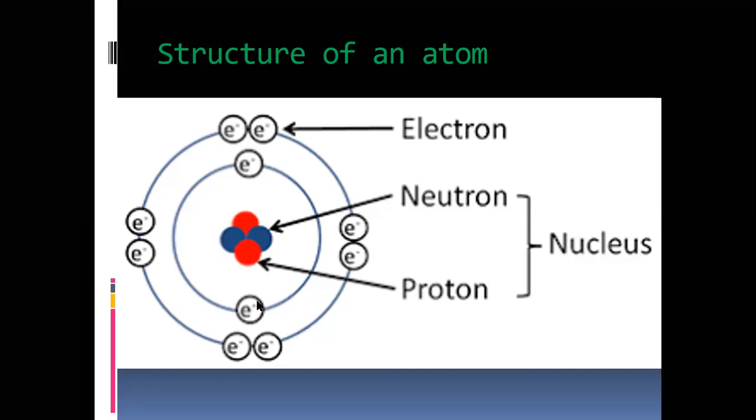Then other electrons go outside. Electrons revolve around in orbits, and neutrons and protons together are called the nucleus.